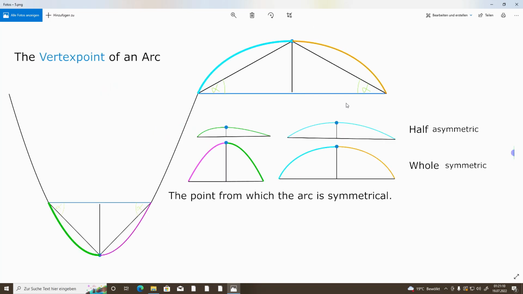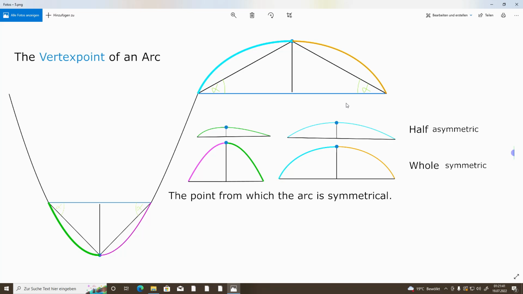So now to the vertex point of an arc, and that's my definition for this video. There may be many other definitions for vertex points, but for this video we're using this definition, and that's okay.